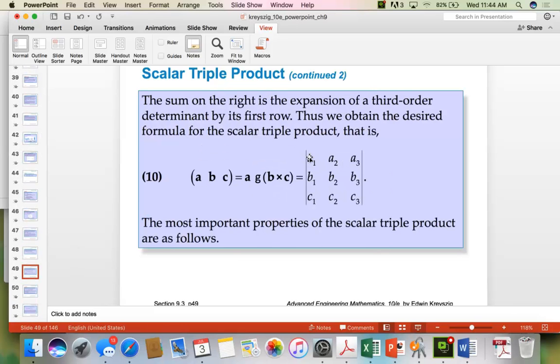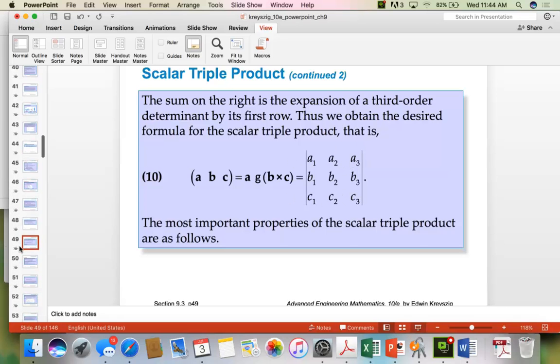And this is the one that I actually like a little more, where you show row 1, row 2, row 3. This is once again for the triple product, a dotted with b cross c. So you put a in the first row, b in the second row, c in the third row, and the ordering on that is important.